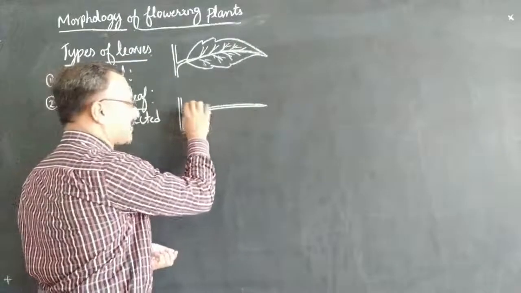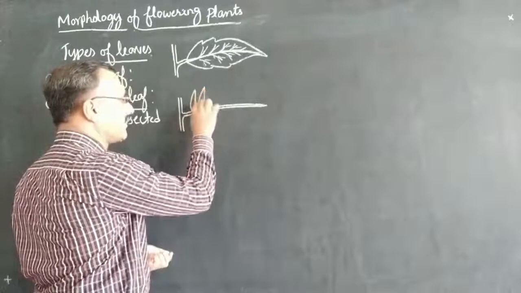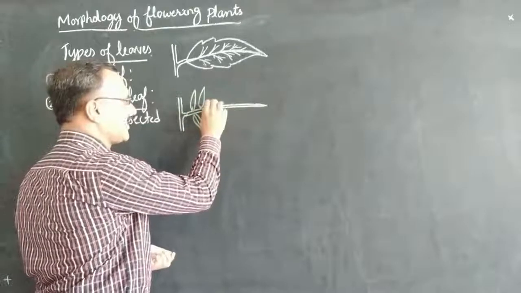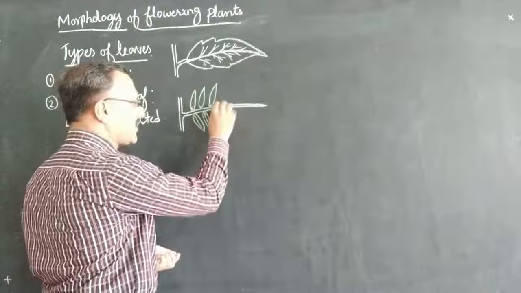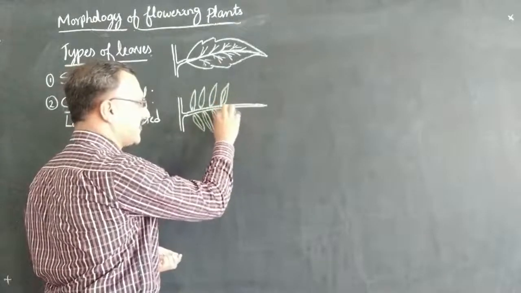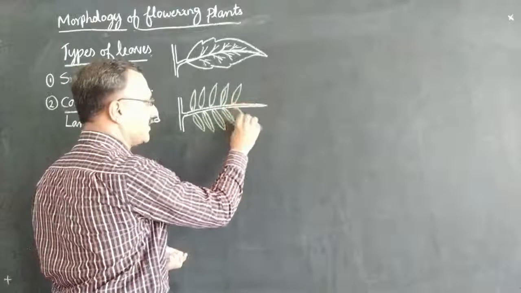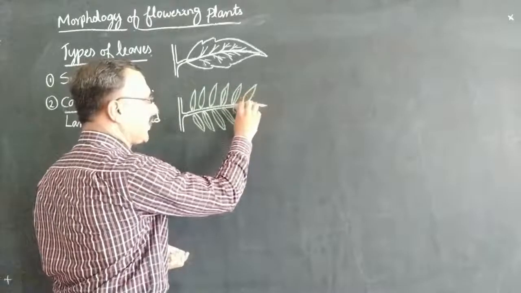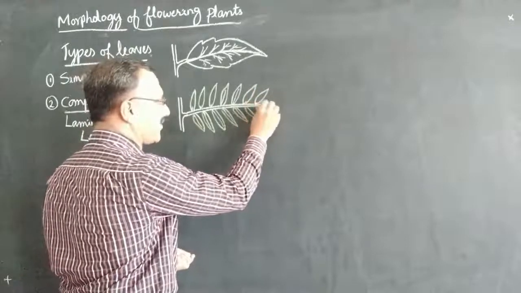On either side of the primary rachis, we come across a number of leaflets, which again show the reticulate venation. So such type of leaf, where the leaf lamina is dissected into smaller units called leaflets, is called a compound leaf. There are two basic types of compound leaf.